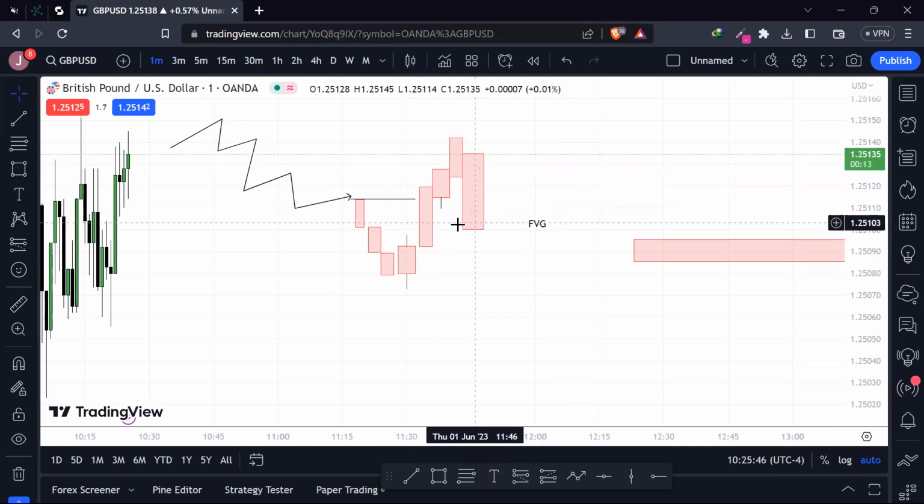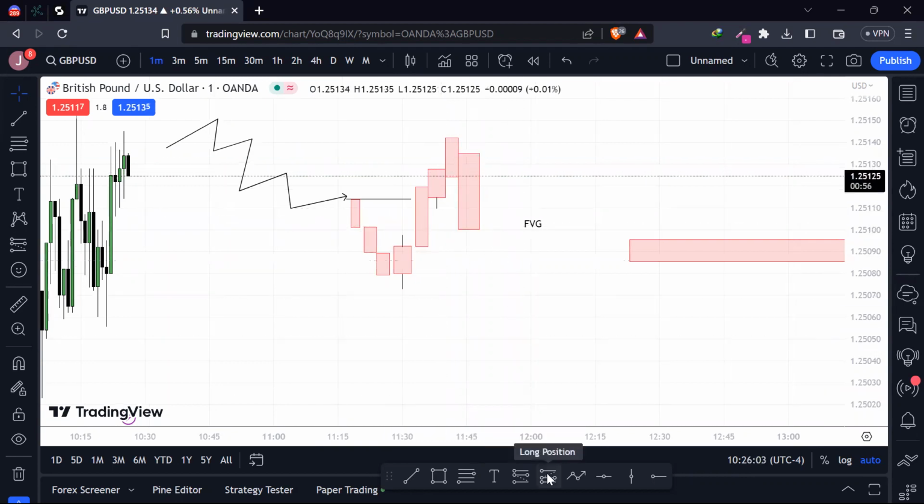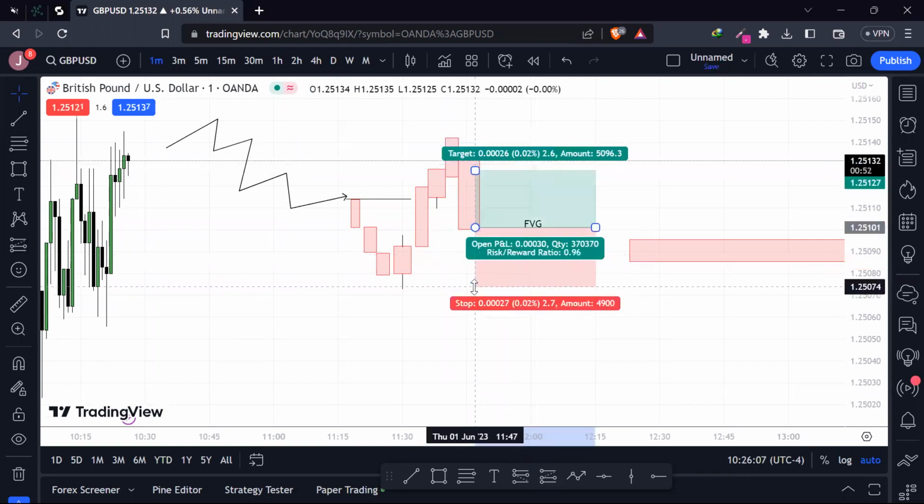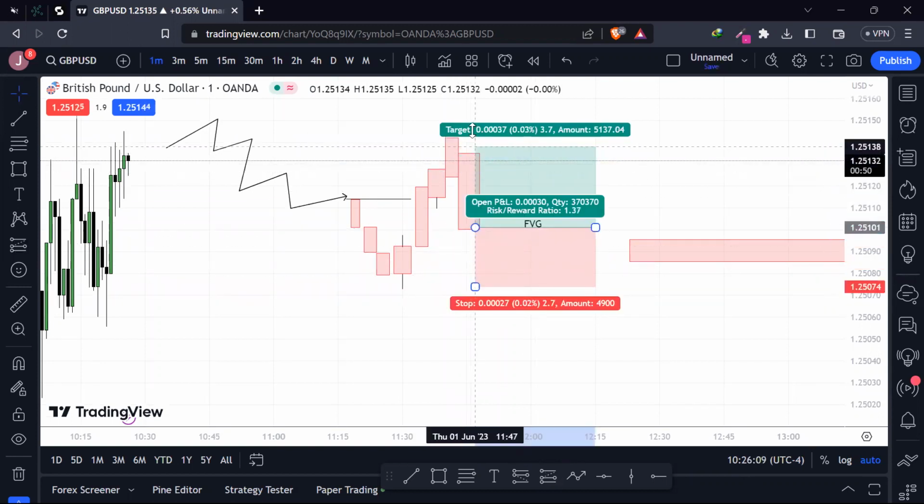A bearish candle like this comes in and fills the fair value gap. You can see the fair value gap is between these two wicks. Market fills the fair value gap, and we take our entry from here. Stop loss below, target.